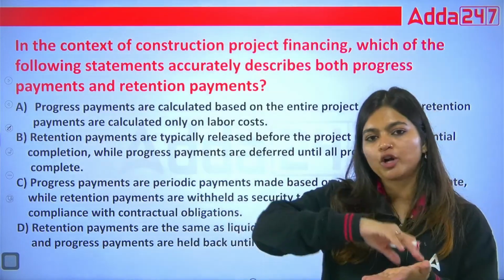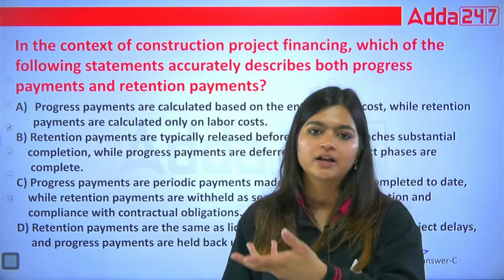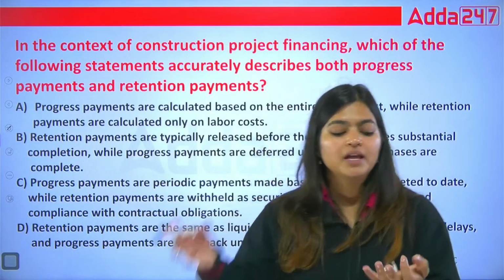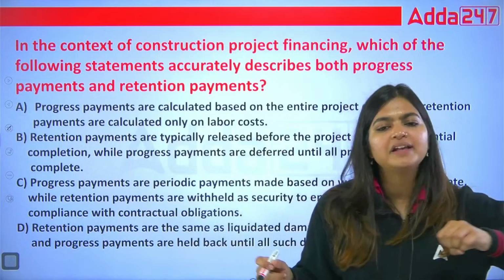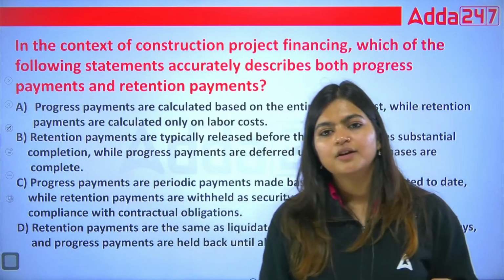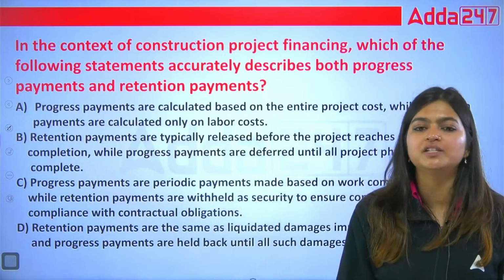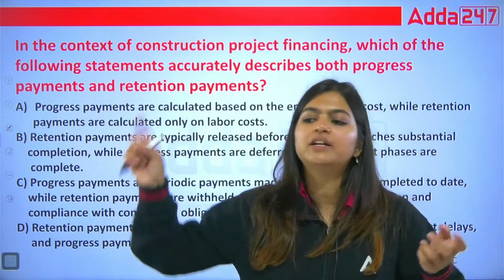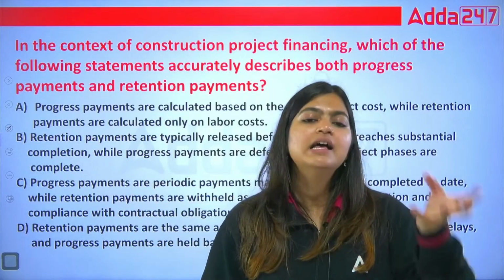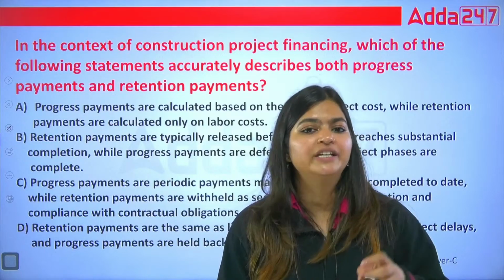At the time of progress payments, if the amount is 1 lakh, they are not distributing the full 1 lakh. They are just giving 90,000 or 80,000, and they are keeping some money with themselves for safeguard. Okay? If anything is not as per the customer's preferences, then the contractor needs to modify, and after completion of those modifications, the remaining amount will be paid to the contractor. So that is your retention amount.